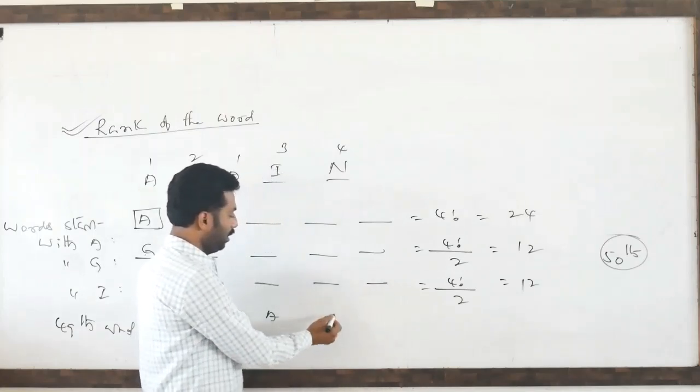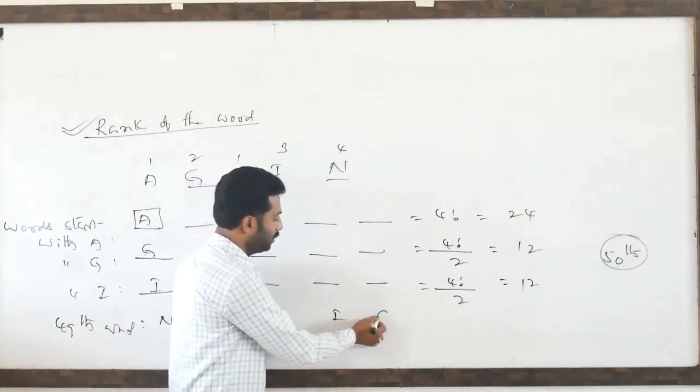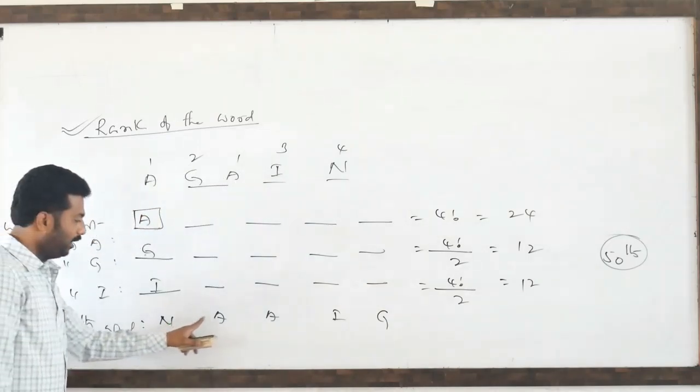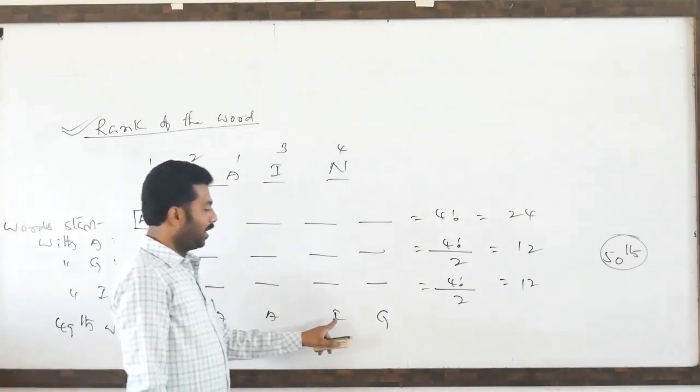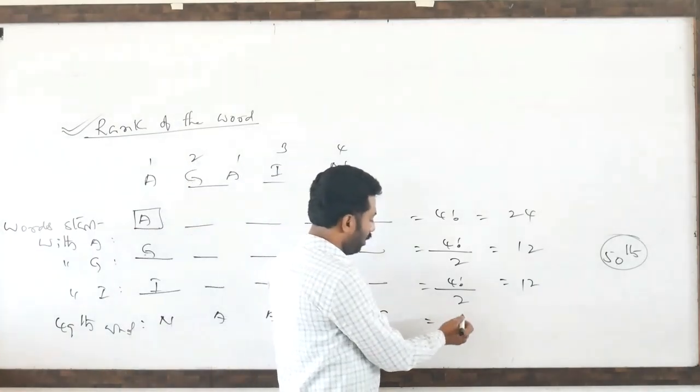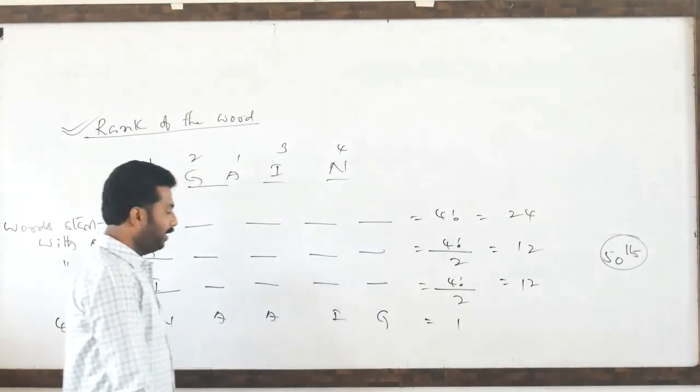So you observe, suppose I here, this is G. See here, N, A. Suppose I will come here, then G. So this is one word, the 49th word.